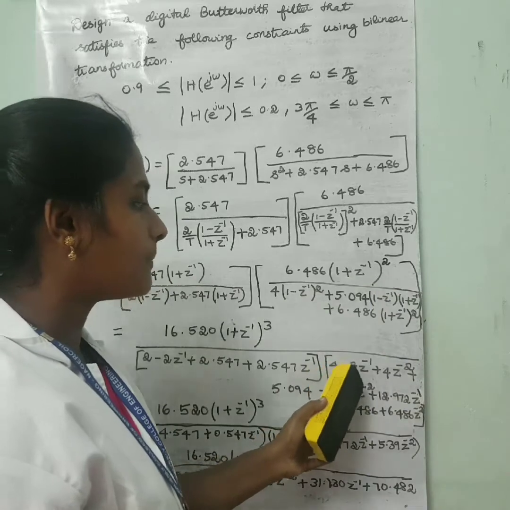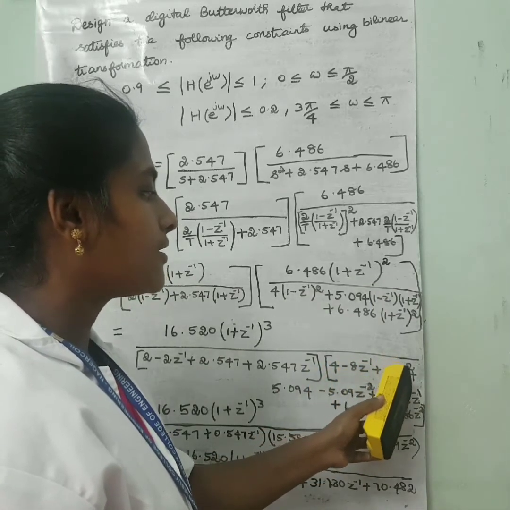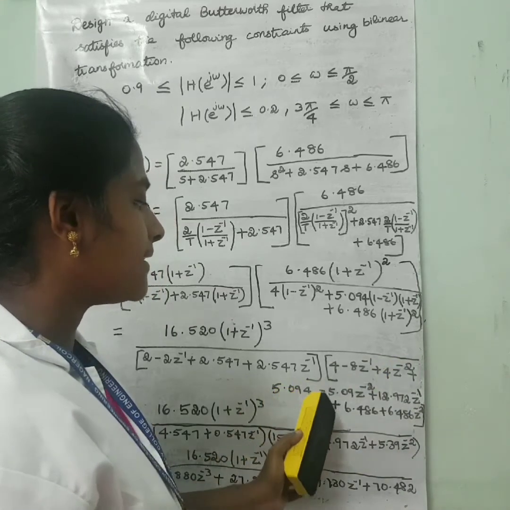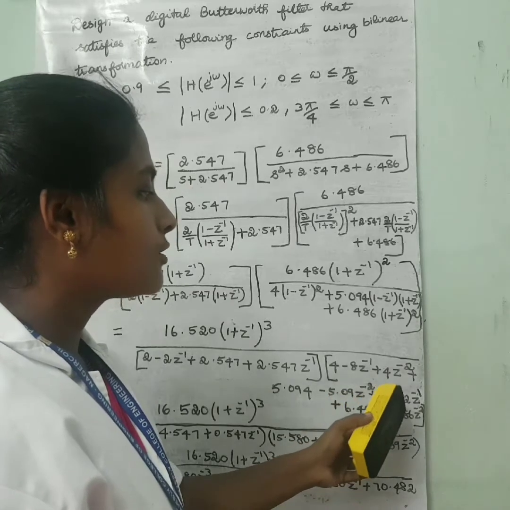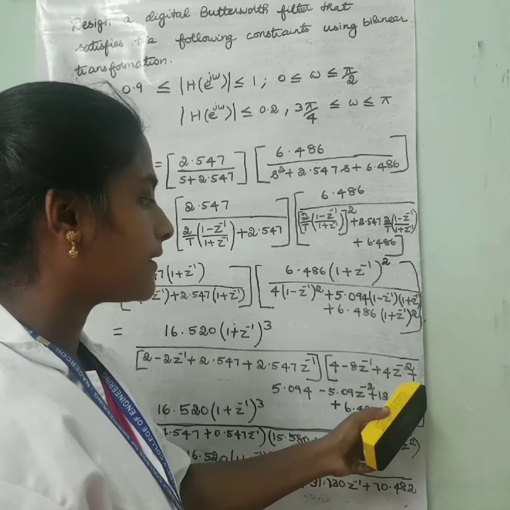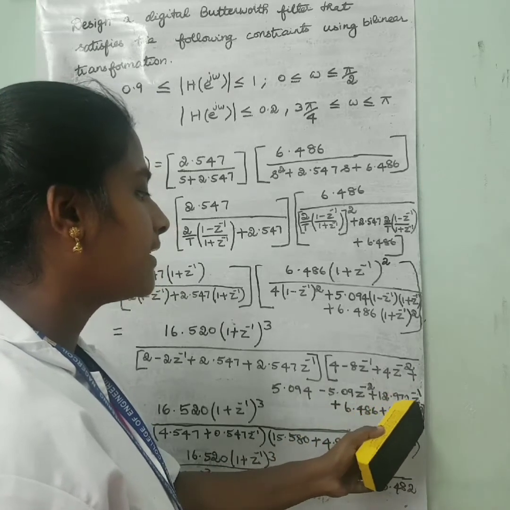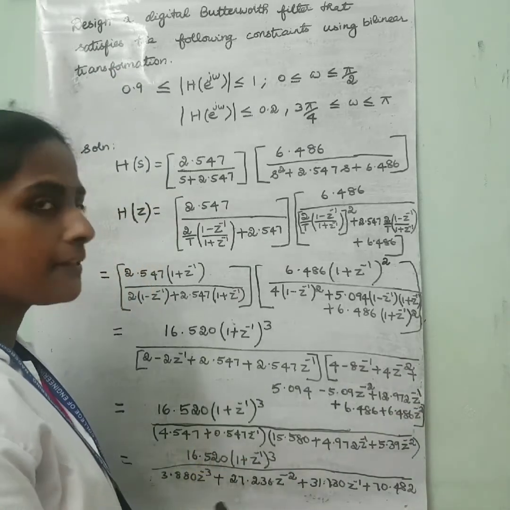So you will get 4 minus 8 into z power minus 1 plus 4 into z power minus 2 plus 5.094 minus 5.09 into z power minus 2 plus 12.972 into z power minus 1 plus 6.486 plus 6.486 into z power minus 2. In the next step you will get like this.